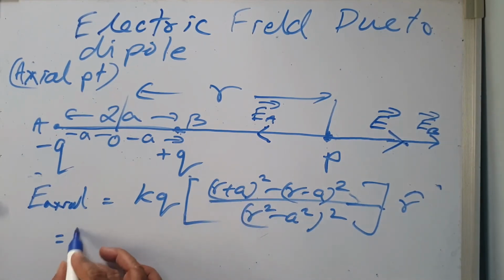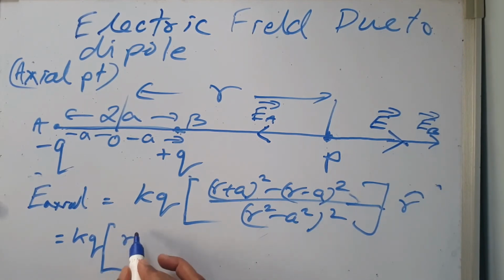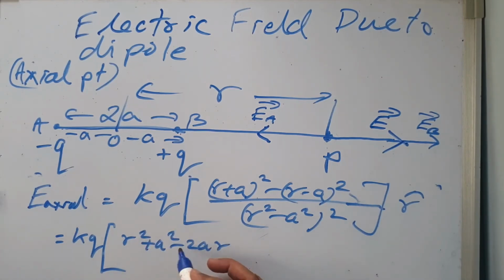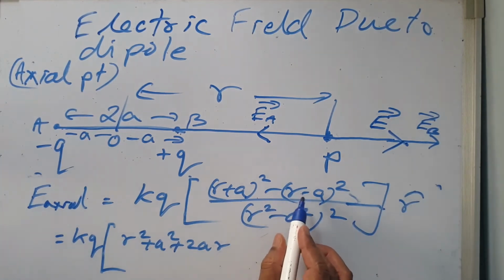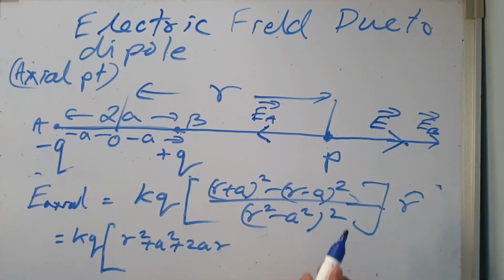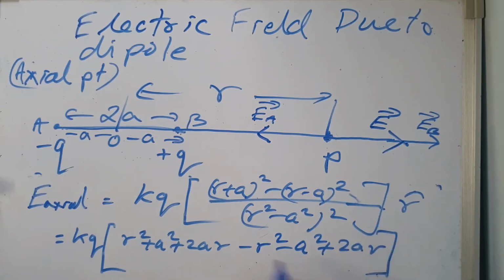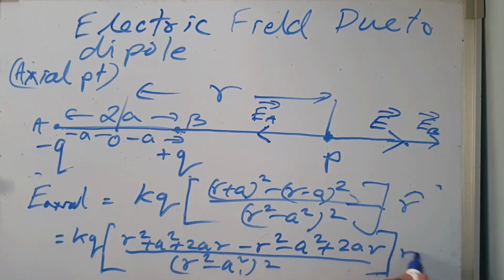Squaring these: a plus b whole squared, that is r squared plus a squared plus 2ar, minus this, a minus b whole squared. I am going to directly open the bracket and directly write. What do I get? Minus r squared minus a squared plus 2ar, upon r squared minus a squared the whole squared, unit vector r cap.